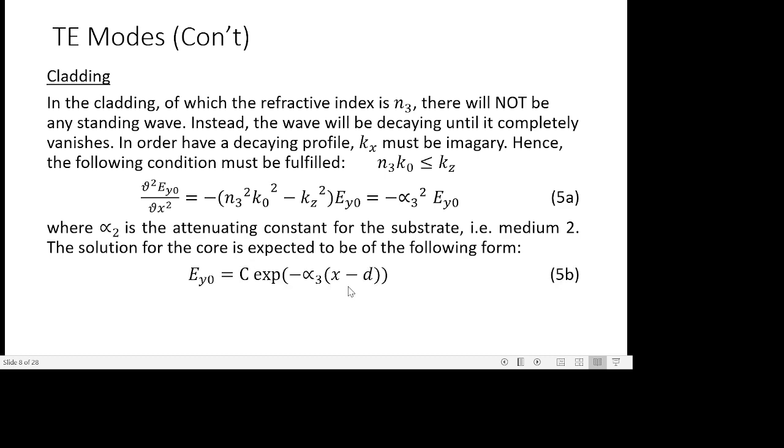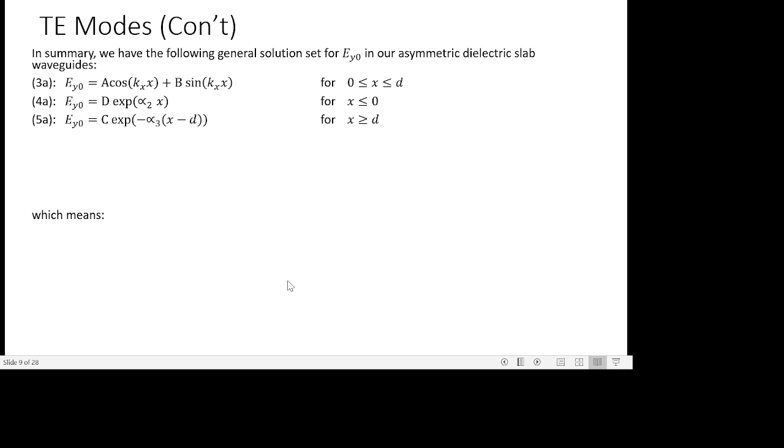So in this case, we expect the solution to be of this form, where alpha of 3 is the attenuation constant for the cladding. Sorry, I made a mistake here; it should be alpha of 3, medium 3. So altogether, we have this set of solutions.